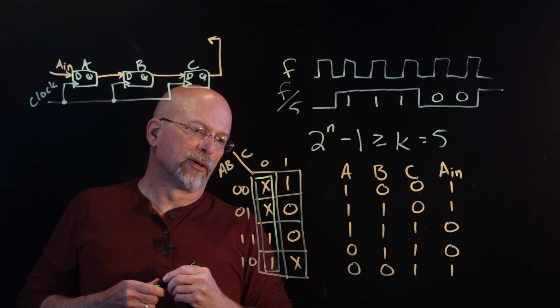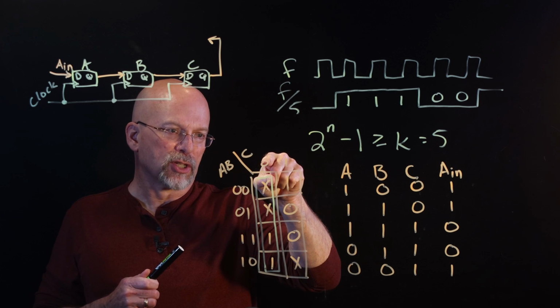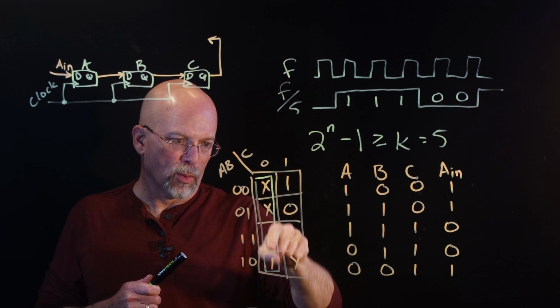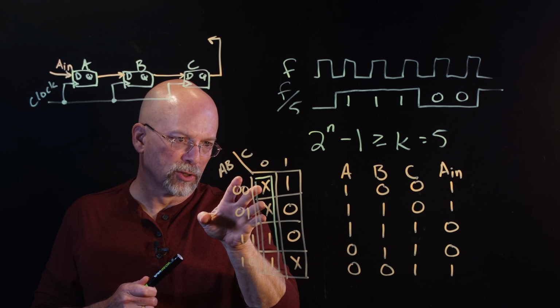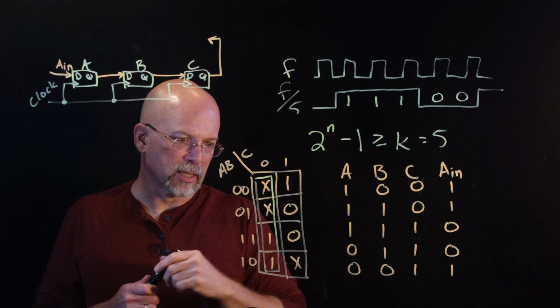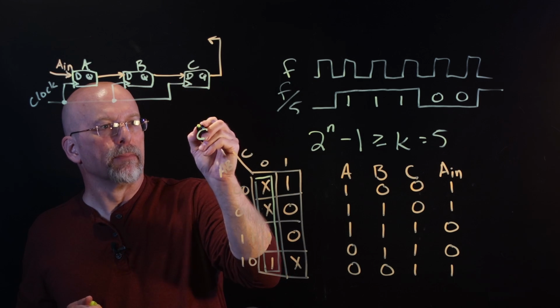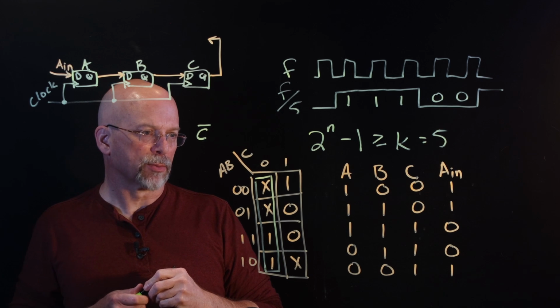That one's pretty simple. That one just says, as long as C is a 0, we want to output a 1. Remember, these wild cards can be 1s or 0s. Right now, we're going to set those as 1s so we can have a very simplified C bar as part of our sum of products expression.